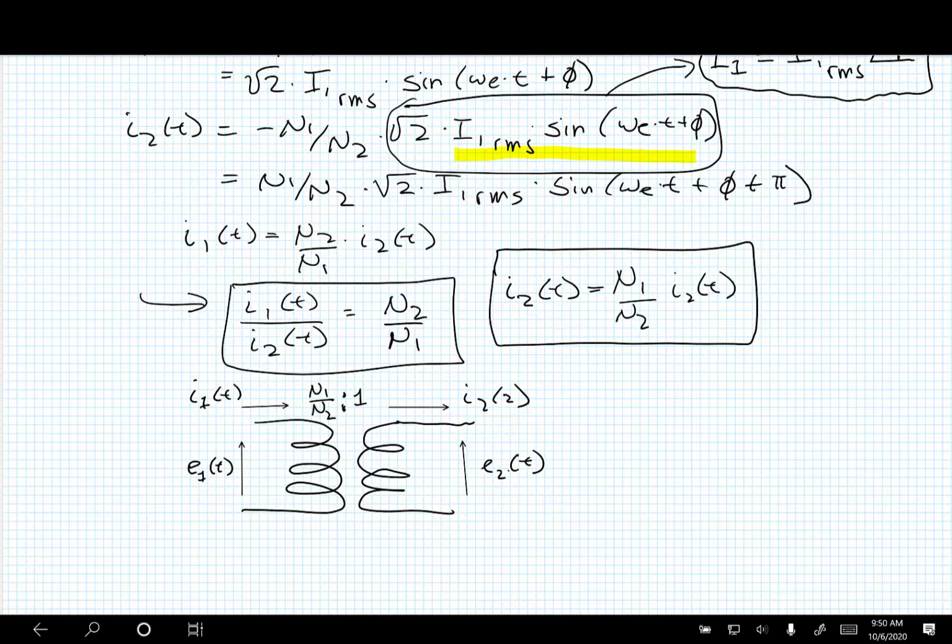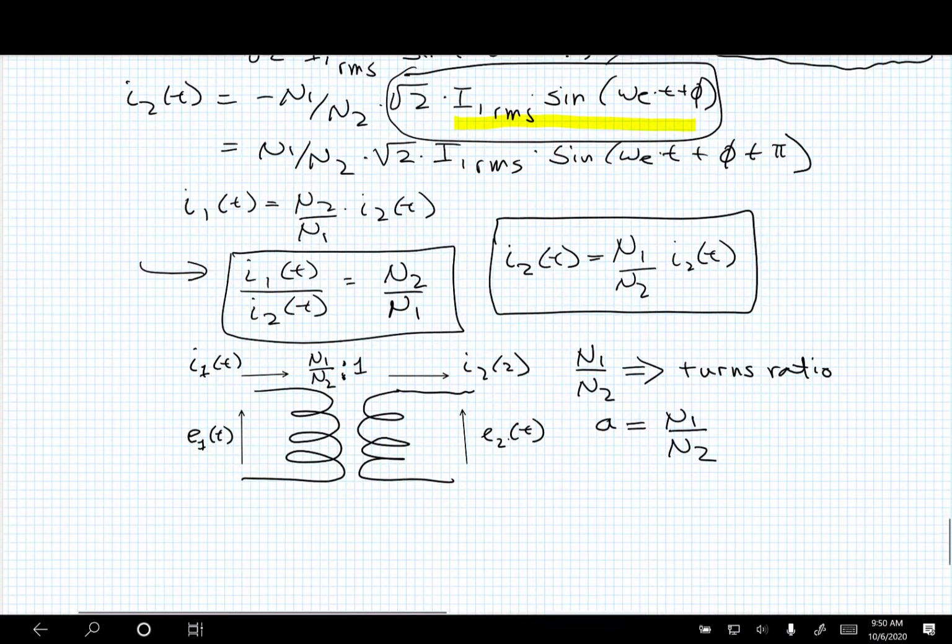So what is n1 over n2? n1 over n2 is defined as the turns ratio, and a standard symbol used for that is A. A equals n1 over n2.